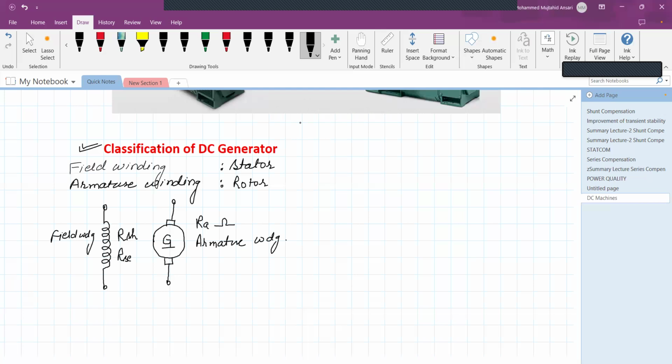So first we will write the DC generator. One more thing we have to explain: as it is a generator, it will deliver current. This current is known as the armature current, and the actual EMF induced in the generator is EG.